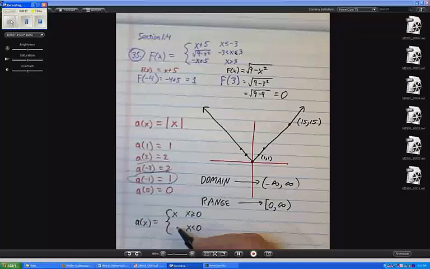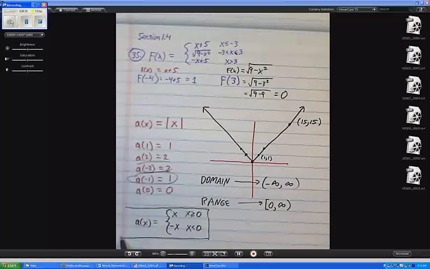But I would not want to put that down here, or I'd be wrong. What do I want to put down there? The opposite of x, right? Because if you input a negative number, you go down here, and this says we'll take the opposite of that, and the output then is going to be what? Positive. This is a nice example of a piecewise defined function that we're very familiar with.